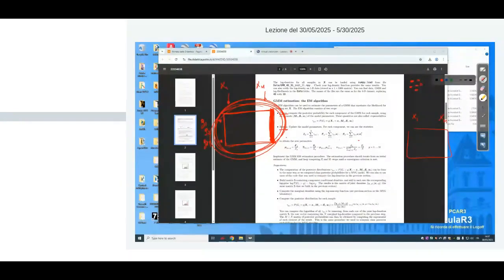We compute first the vector that contains, let's take one of these and enlarge it, the log normal for sample xi with Gaussian component 1, then the same log normal for sample xi with Gaussian component 2, and so on.